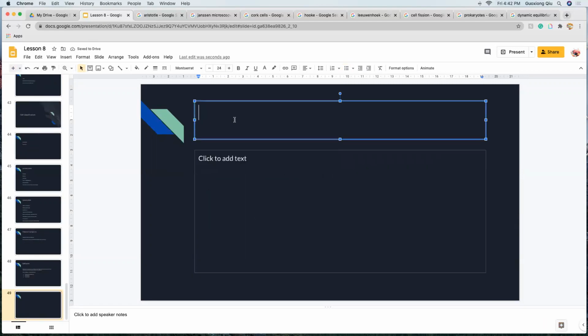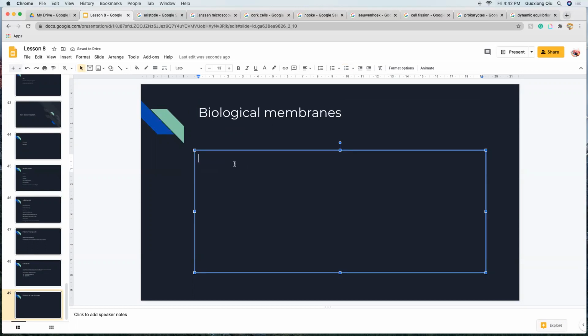Next, biological membranes. This is just a term defined as selectively permeable membranes, which another name for is again just semi-permeable membrane.